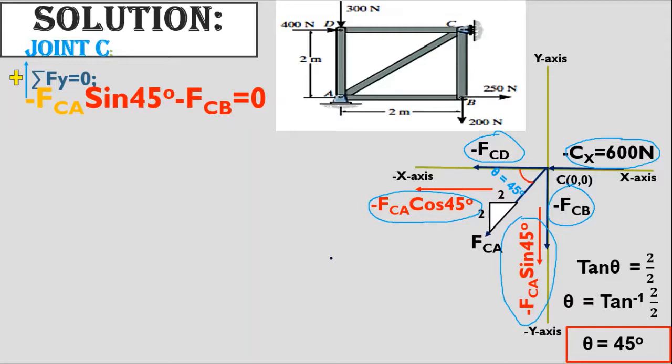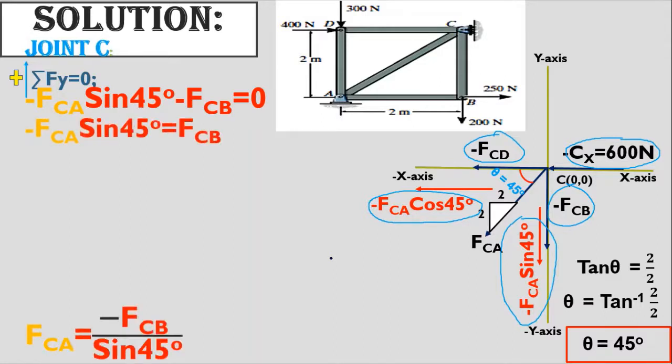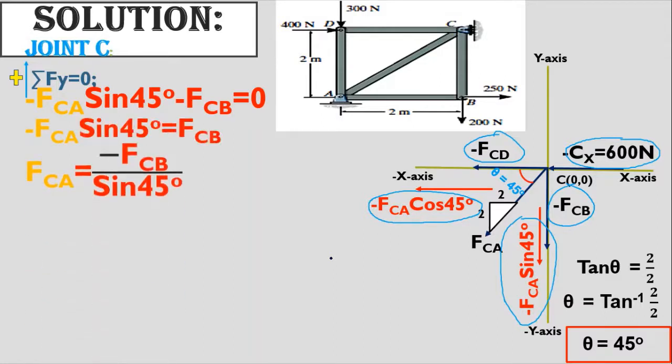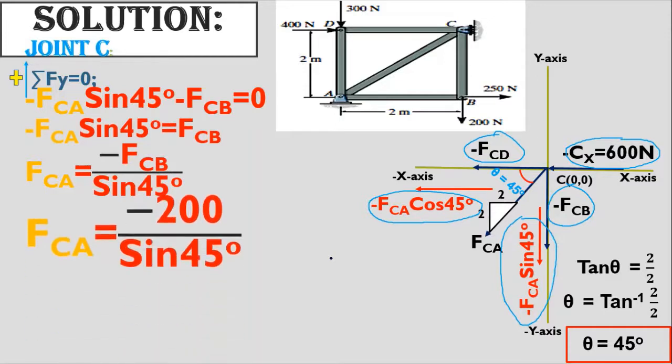Keep it in your mind that whatever value of FCA you get from the vertical forces summation, you will get the same value from the summation of the horizontal forces. So minus FCA sine 45 degree is equal to FCB, so FCA is equal to minus FCB upon sine 45 degree.